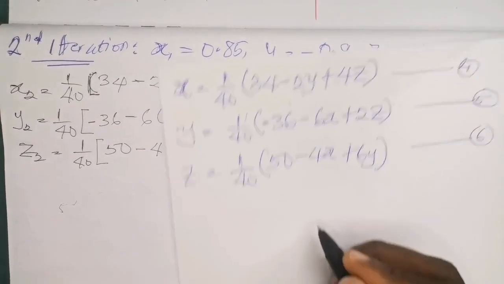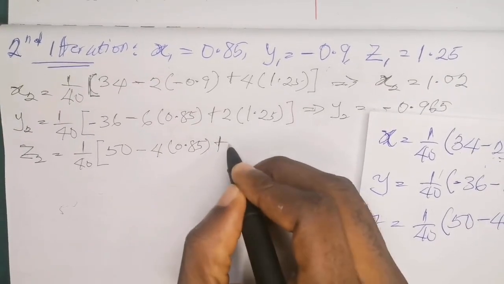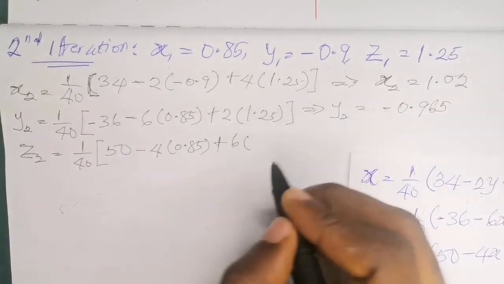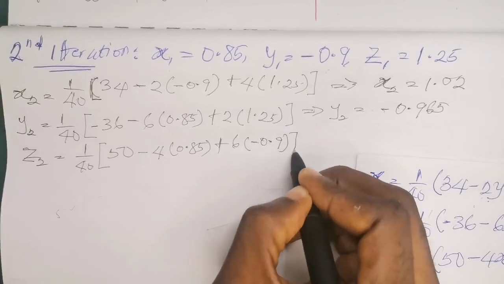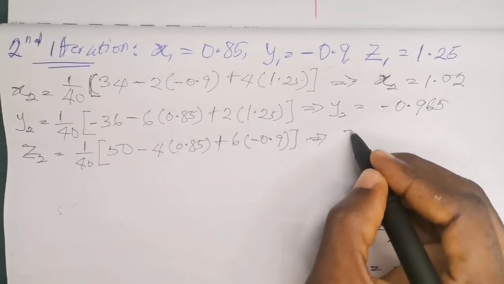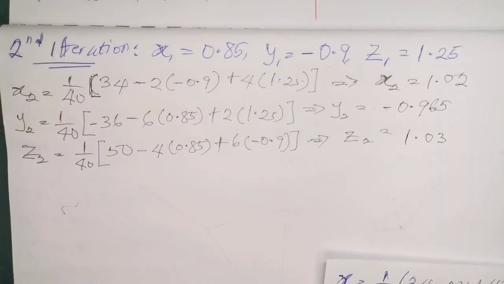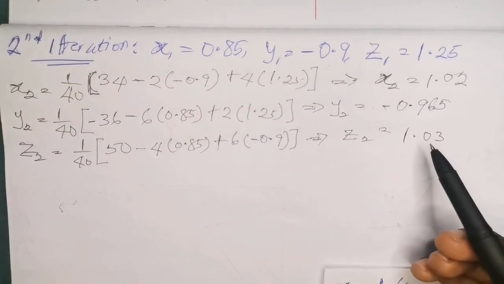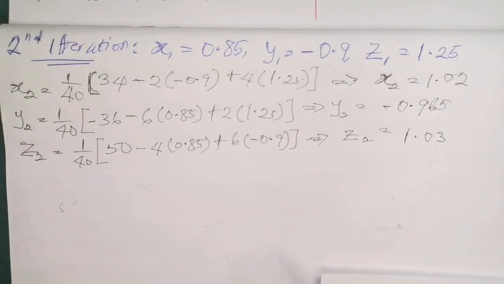Then I have plus 6y, y there becomes y1, which is plus 6 times y1, we obtained negative 0.9. So 6 times negative 0.9. I'm punching everything all together. This implies that z2 is going to be equal to, all right, so upon final evaluation, I have z2 to be equal to 1.03.